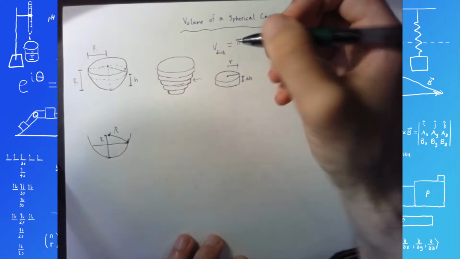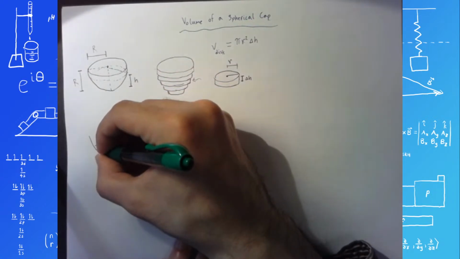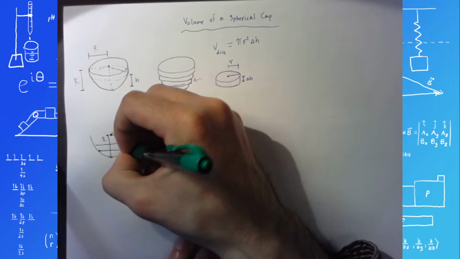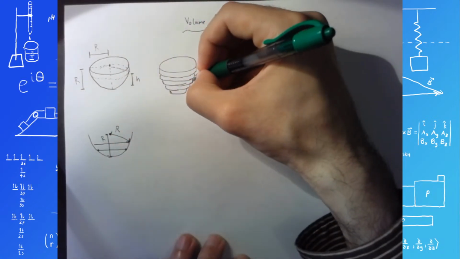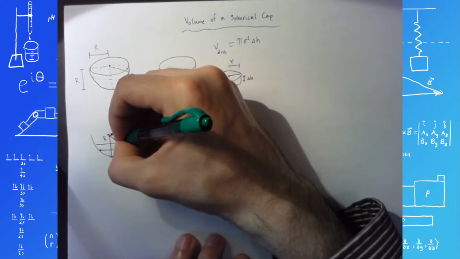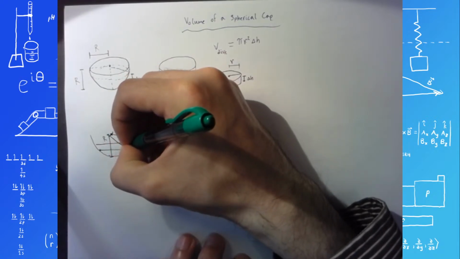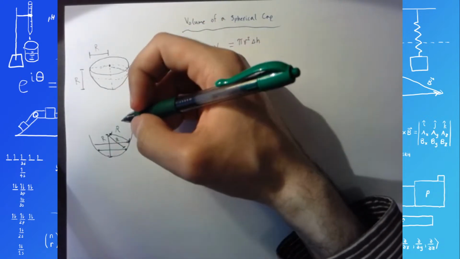And for an individual disk, some random layer within here, I should always be able to draw some line of length big R to that point.